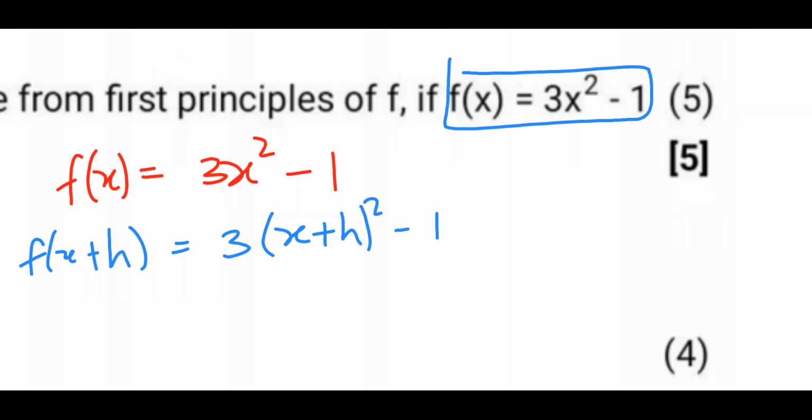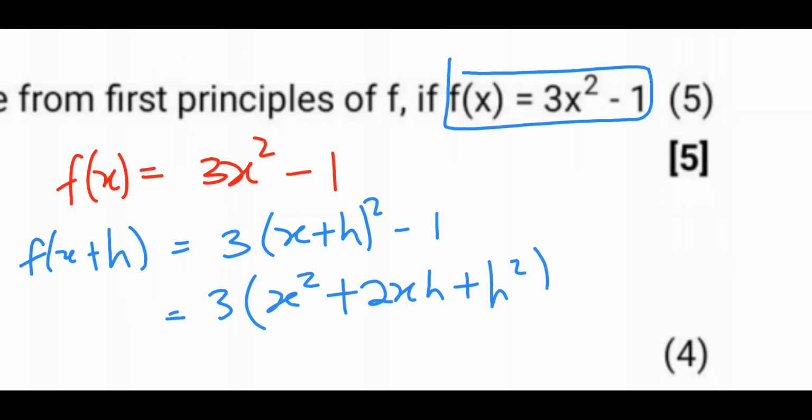And then you can multiply everything out. Actually, let's first do the brackets. So we have x squared plus 2xh plus h squared. The minus 1 still chilling outside.